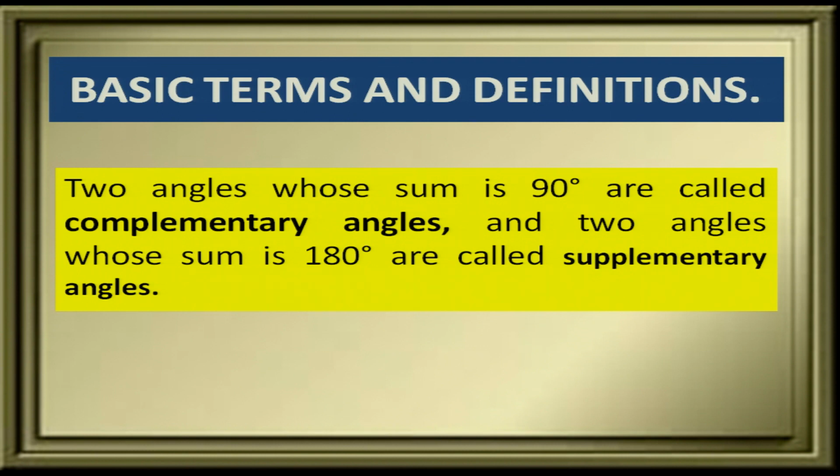By using this definition, we can have many problems, such as: suppose two angles are complementary and in the ratio 2:1. Then find the angles.